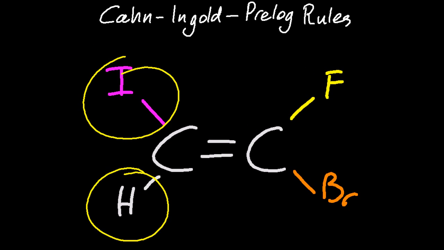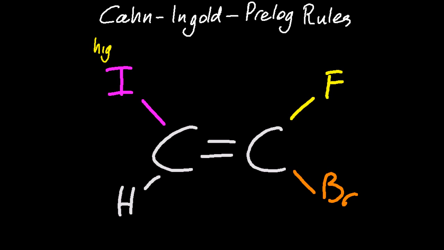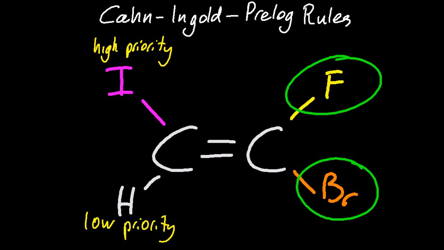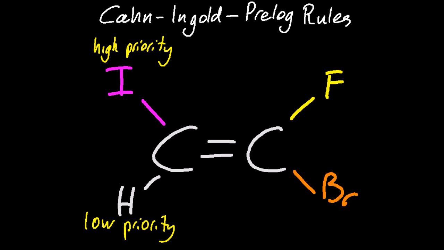Looking at the left-hand side, atomic numbers, I've just drawn those in. And so since iodine has a higher atomic number than hydrogen, iodine has high priority. Looking at the right-hand side of the carbon-carbon double bond, fluorine has an atomic number of 9 and bromine of 35. So bromine has high priority.